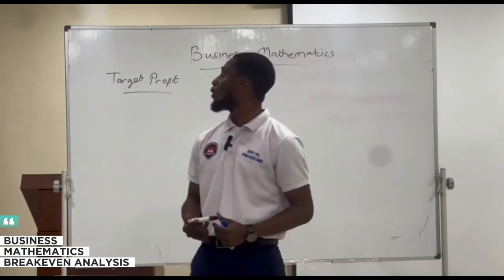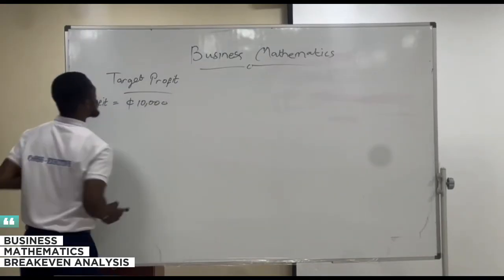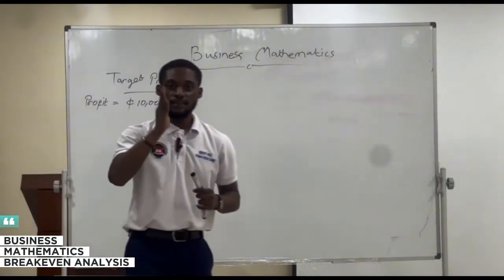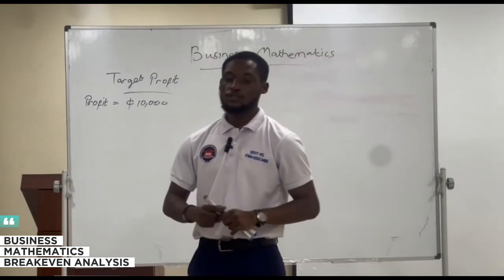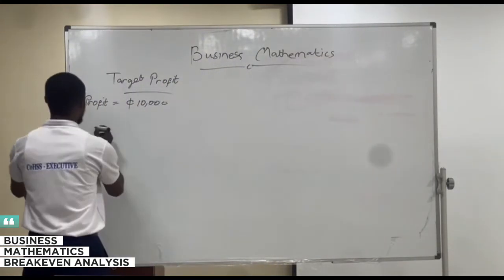Let's solve an example under target profit. So, using the following data, calculate the level of sales required to generate a profit of 10,000. So, this is the targeted profit given in the question. So, it says using the following data. Which data? So, selling price here is 35 cedis.